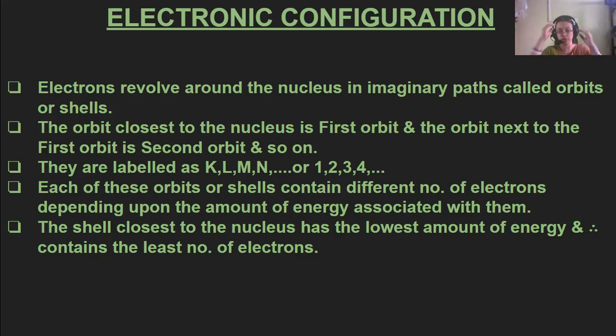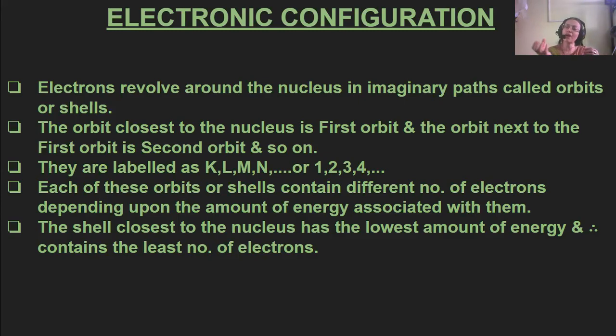The shell closest to the nucleus has the lowest amount of energy, and so it contains the least number of electrons, because it requires less energy to hold the electron towards the nucleus.